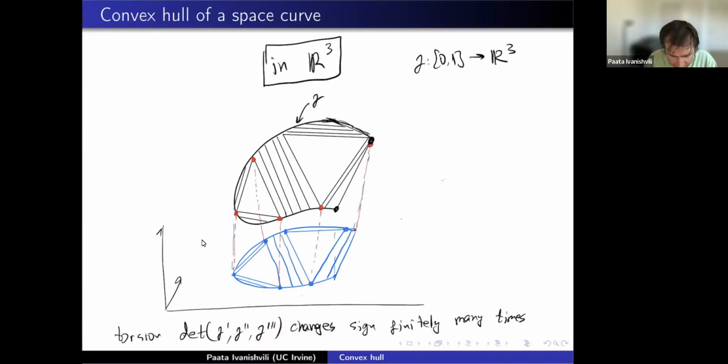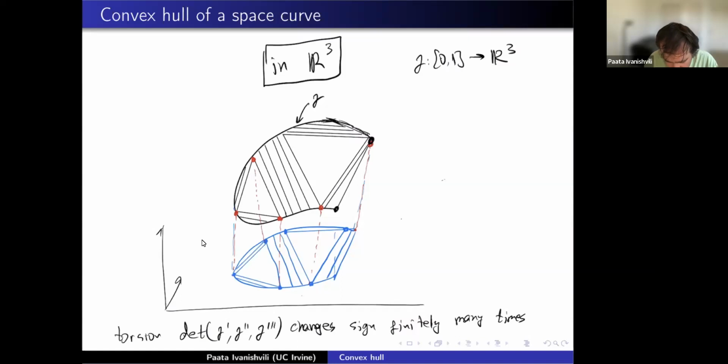In the algorithm that we did in St. Petersburg with my collaborators, we assumed that the determinant of gamma 1 prime is positive, the 2 by 2 leading principal minor is positive, and the 3 by 3 changes sign finitely many times.